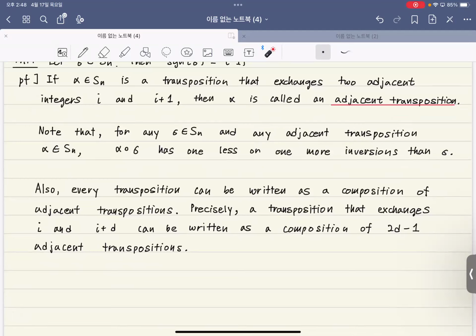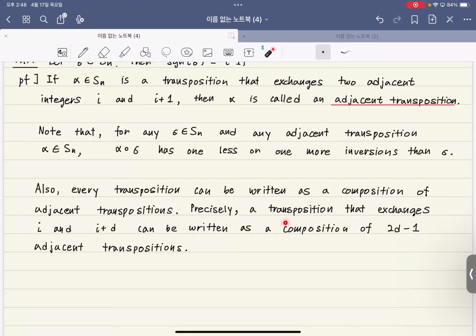So precisely, suppose that I have a transposition that exchanges integer i and integer i plus d. Then it requires exactly 2d minus 1 adjacent transpositions. So if you compose 2d minus 1 adjacent transpositions, then you can make this transposition.